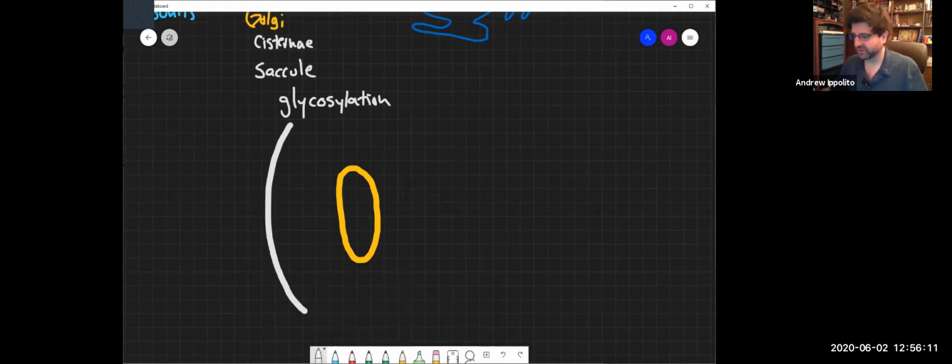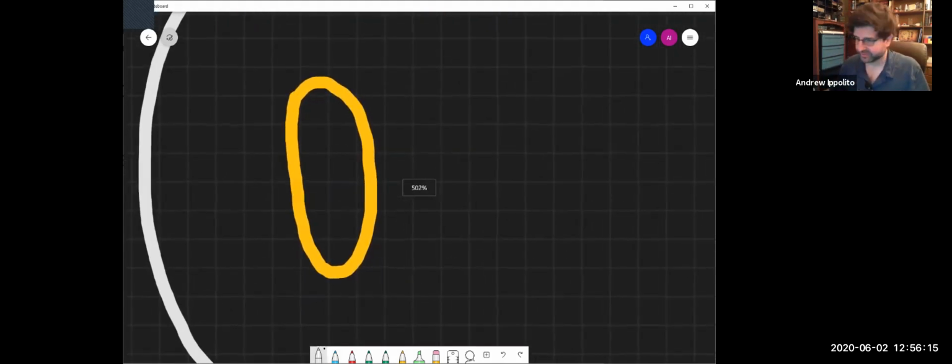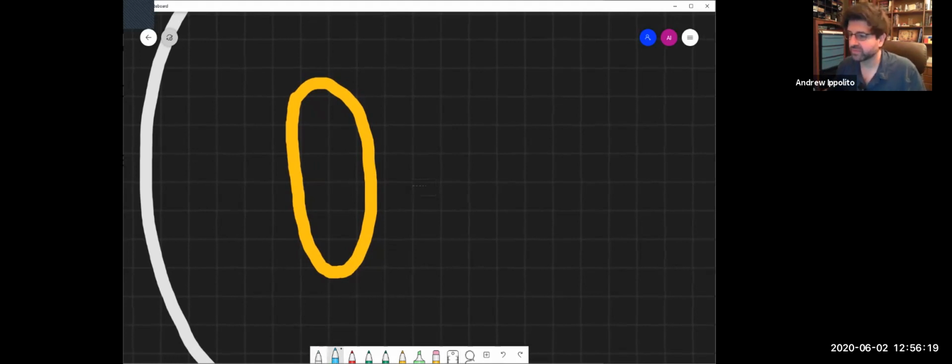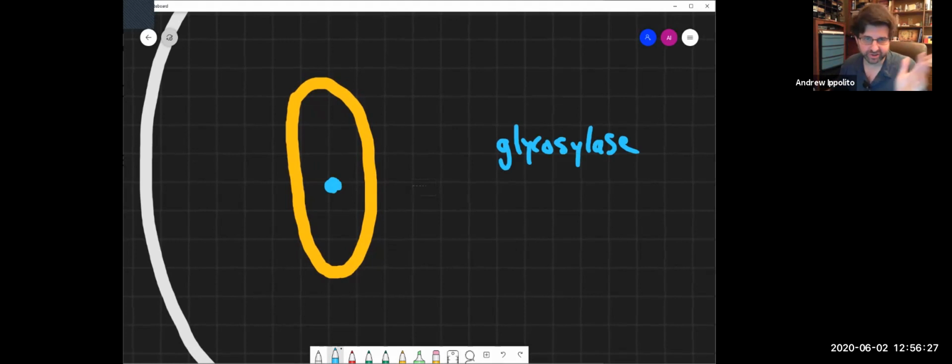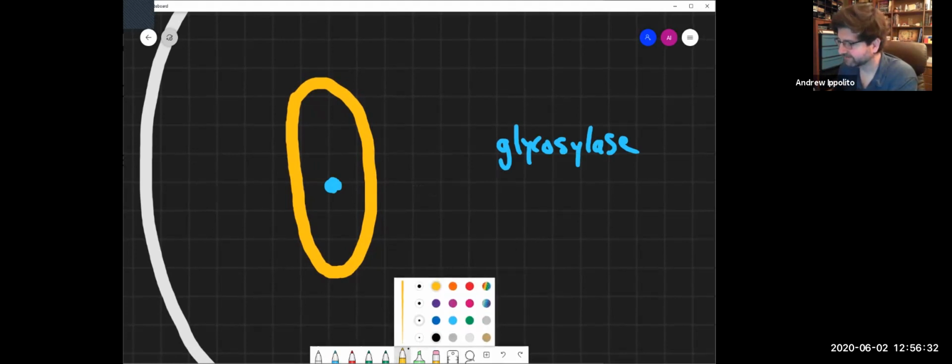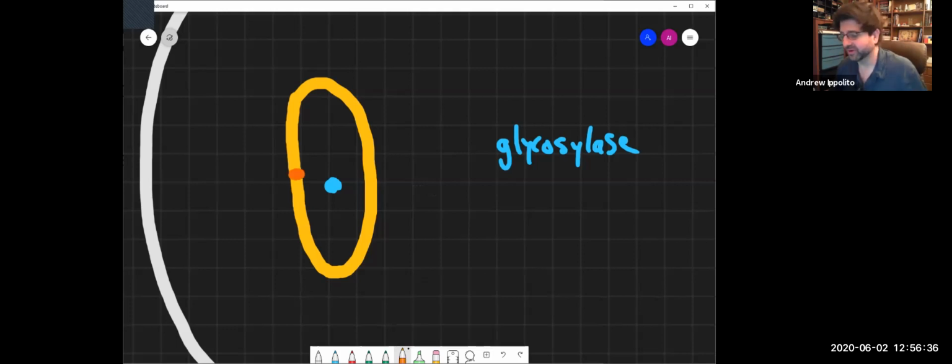Okay, so watch this. Inside the Golgi, there are enzymes, glycosylases. As their name suggests, they add sugars to things. Okay, and here, let's say, oh boy, that's too thick.